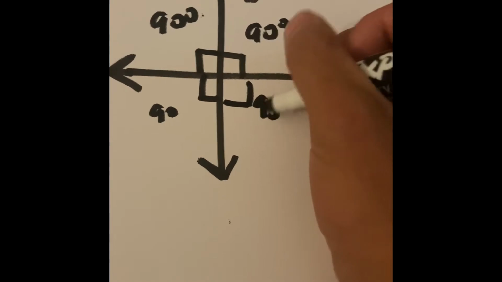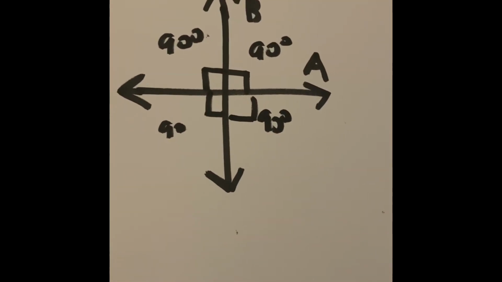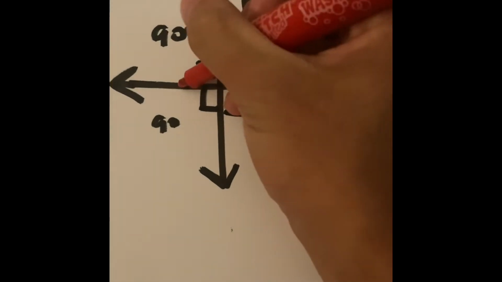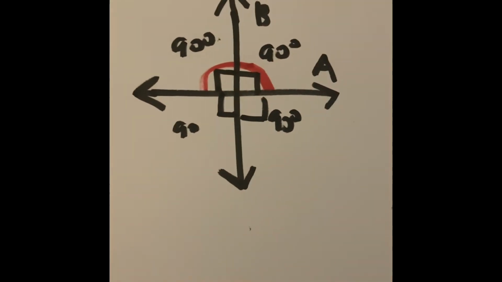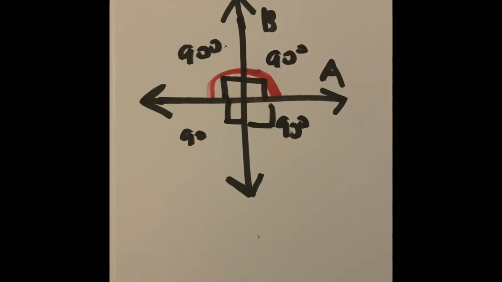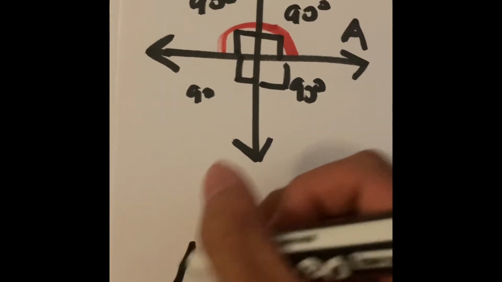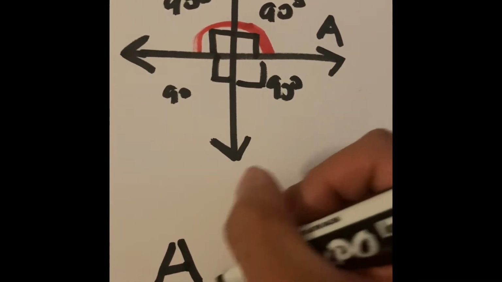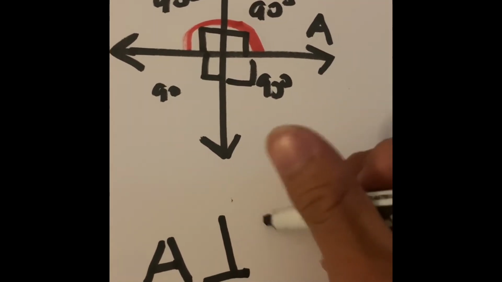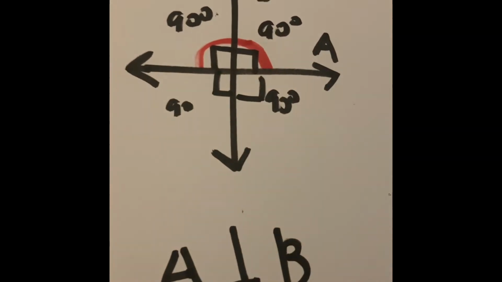But what we're going to focus on today is the top ones, which equal 180. Using the symbol, we can say that line A is perpendicular to B, which both make 90 degrees.